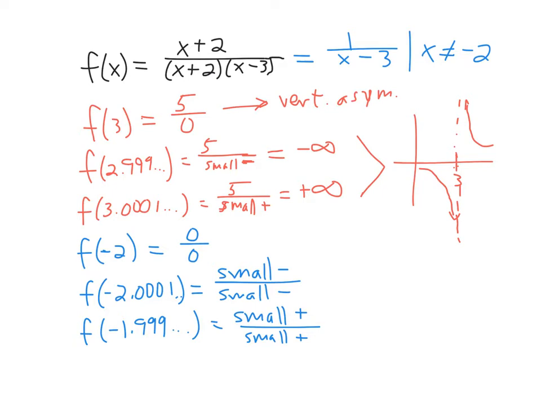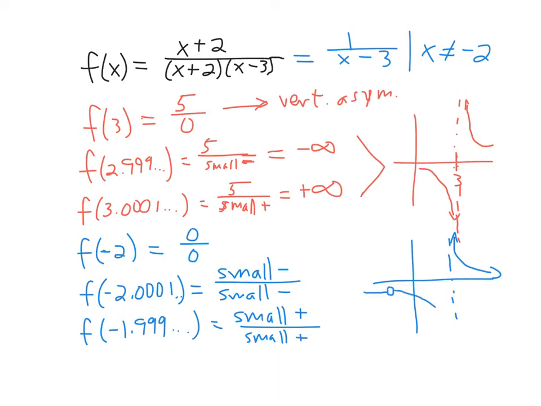So what's going to happen when we try to graph this function, right? What we see is it's going to look exactly like the graph of 1 over x minus 3, which is just the basic hyperbola here. However, when we get to -2, somewhere along the line here, it's actually just going to be a hole.